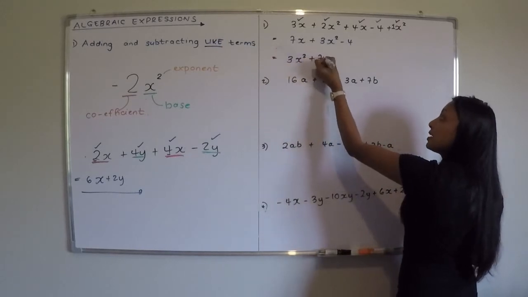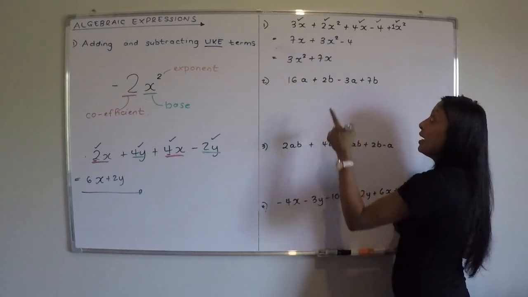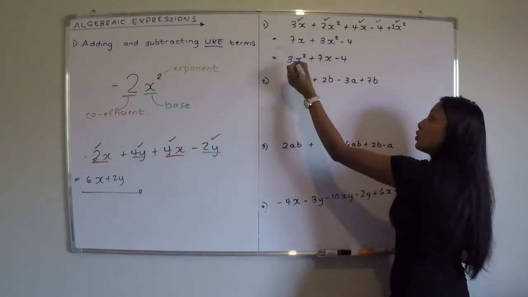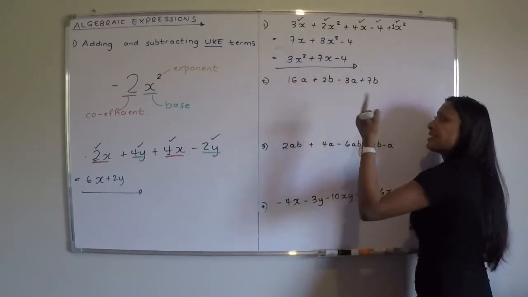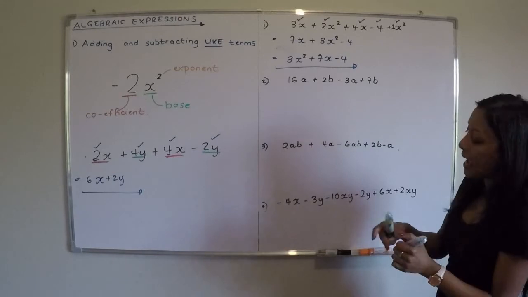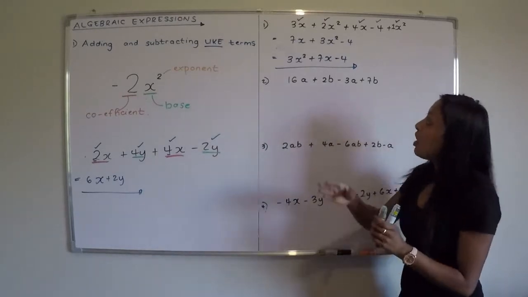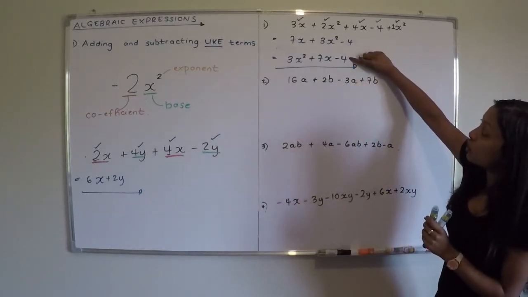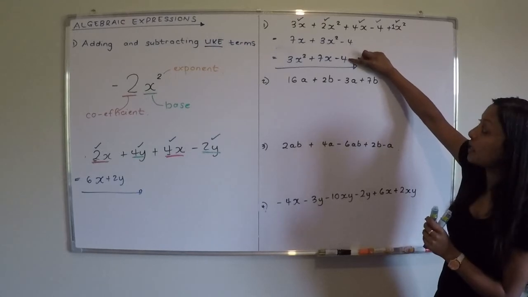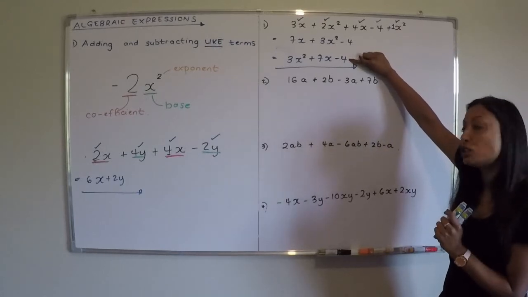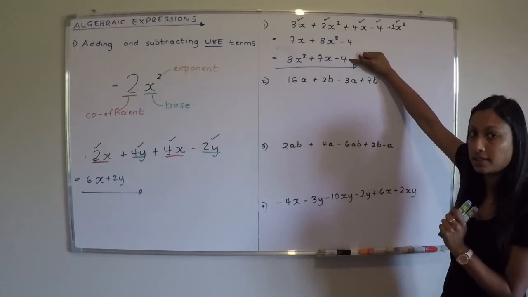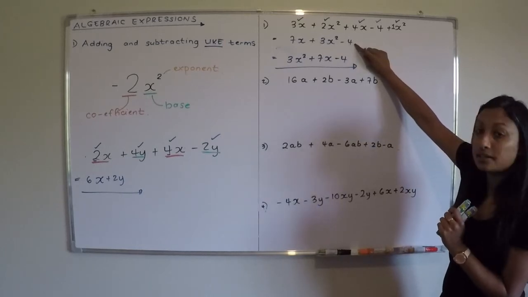I write that secondly. And finally, I write the minus 4 down. Basically, that last step there isn't about adding and subtracting anything. The last step here, kids, is just to put this algebraic expression in the correct order. It's just to make it look mathematically correct. But this answer is, in fact, right.